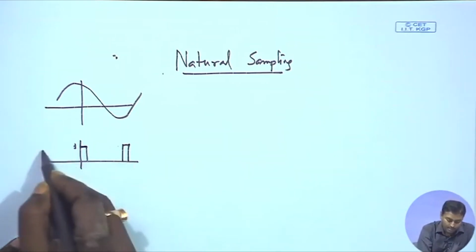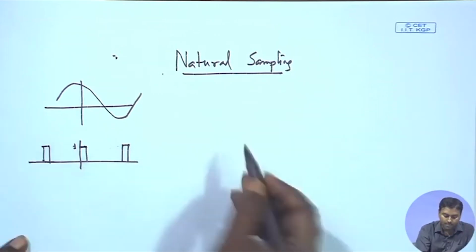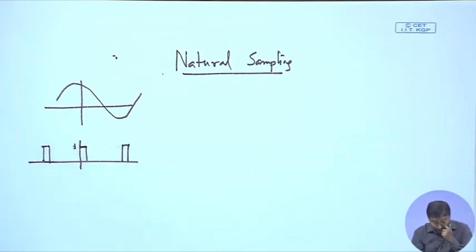It is a pulse train, so it has pulses from minus infinity to plus infinity. In the previous one, I was taking a sample and then multiplying by that pulse, or with that sample amplitude I was representing a pulse. Just that pulse was getting multiplied by that sample amplitude.